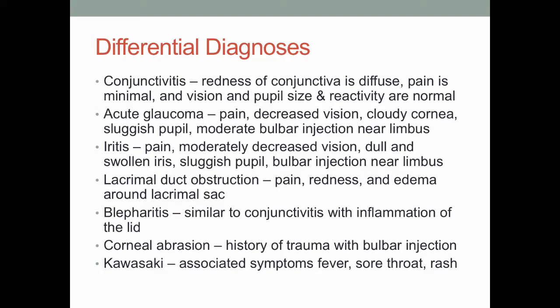Acute glaucoma usually has pain, decreased vision, a cloudy cornea, sluggish pupil, moderate bulbar injection near the limbus. Iritis has pain, moderately decreased vision, dull and swollen iris, sluggish pupil, bulbar injection near the limbus. Lacrimal duct obstruction has pain, redness, and erythema around the lacrimal sac. His lacrimal sac was fine.